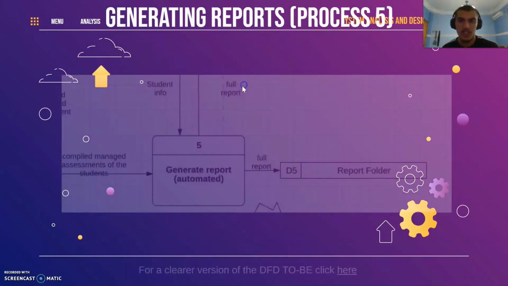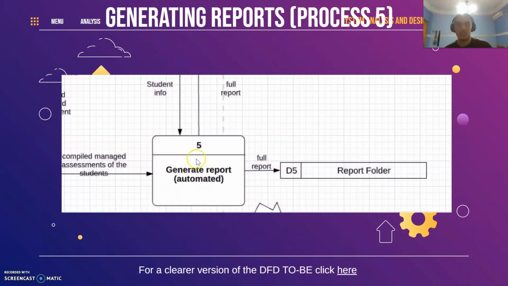Okay, so process 5, generating reports. What this process basically does is that it receives the compiled management assessments or the evaluation info of the student from the file, and it generates reports. It also generates automated reports based on the student's attendance and progress and performance in the courses that he or she is taking.